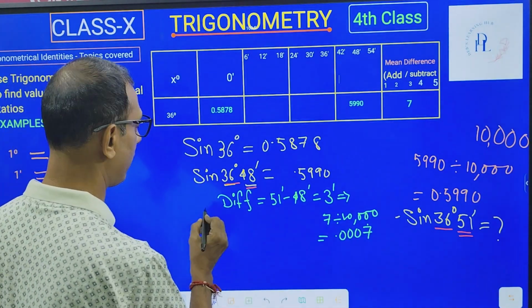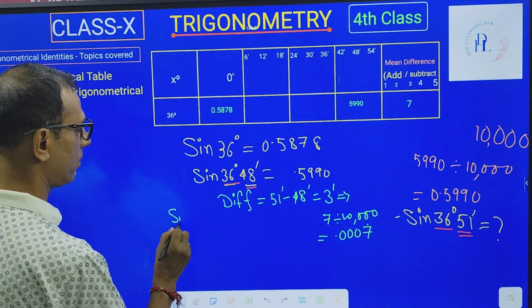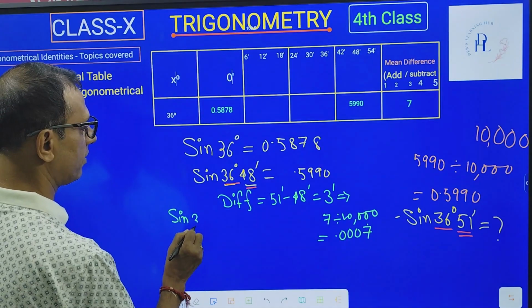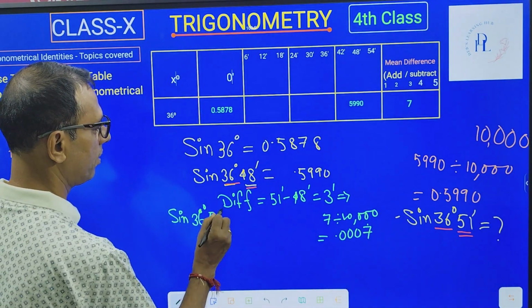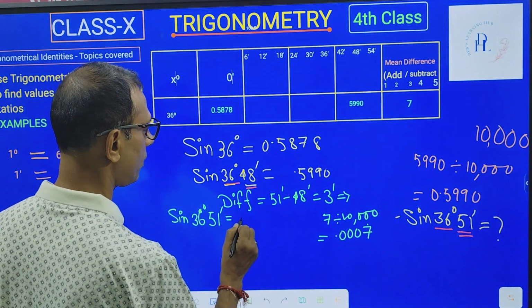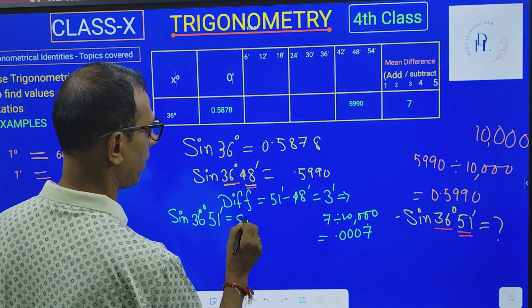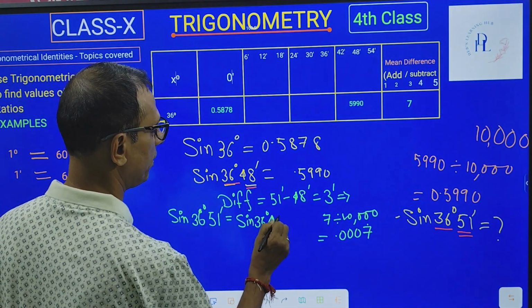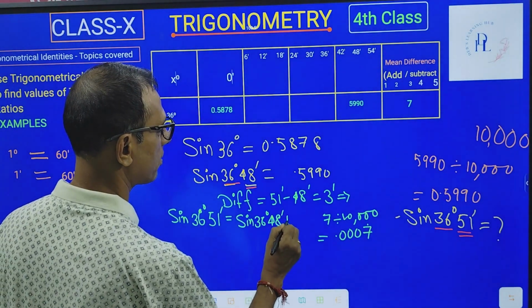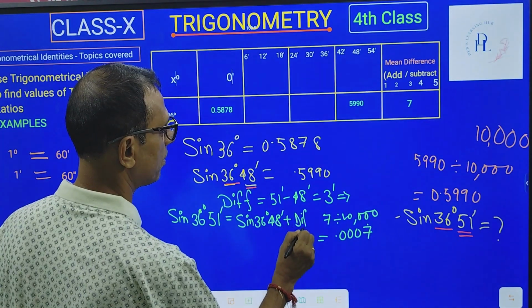So what will be the value of sine 36 degree 51 minute? It equals sine of 36 degree 48 minute plus the difference.